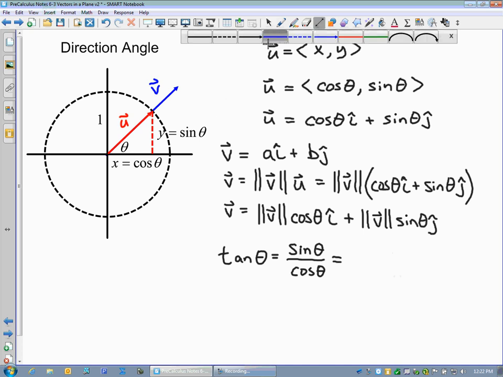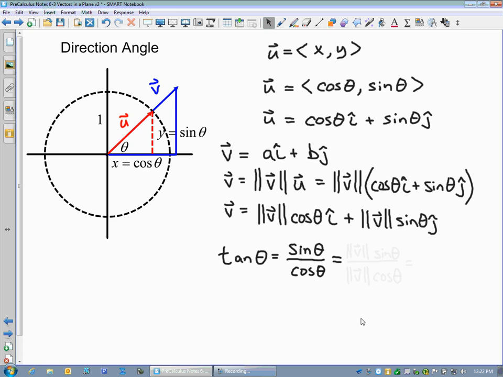But if you consider the blue triangle, that theta is still going to be the same angle, so I can think of it as this over this, or this over this. So it would be sine theta over cosine theta for the red triangle, and for the blue triangle it would be the length of this side, the magnitude times the sine of theta, over the magnitude times the cosine of theta.